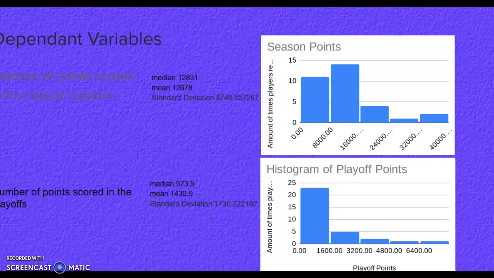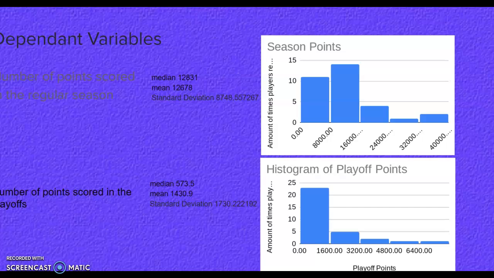And then for the number of points scored in the playoffs, the median was 573.5 and the mean was 1,430. Using that, we can see that the outliers had a huge impact. As you can see on the histogram, over half the players are between 0 and 1,600 points, and there are very few after that, with 4,800 to 6,400 and 6,400 up.